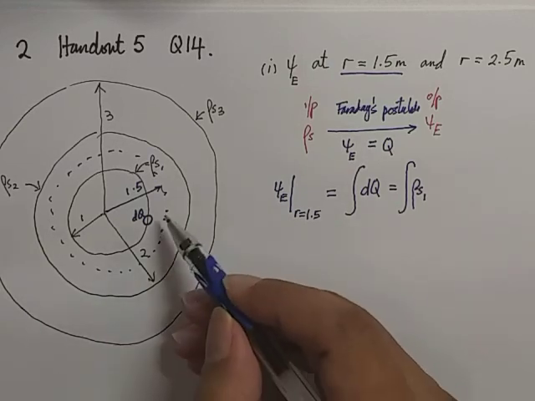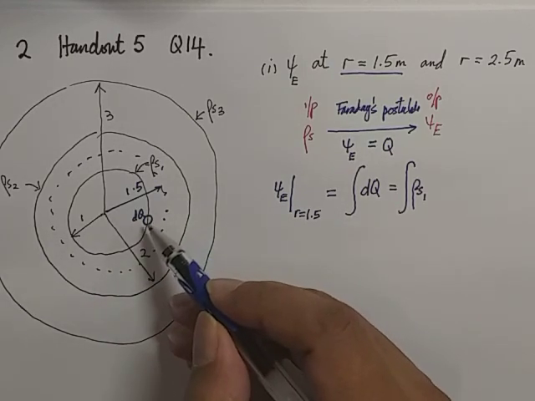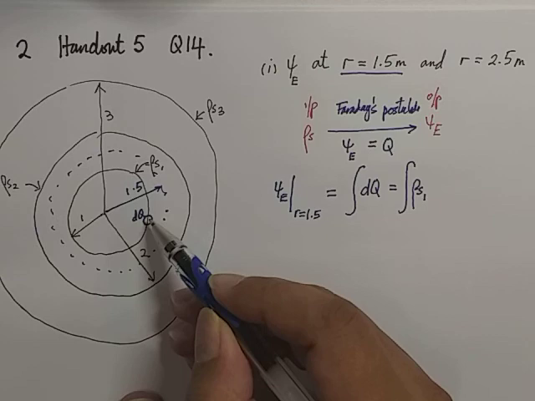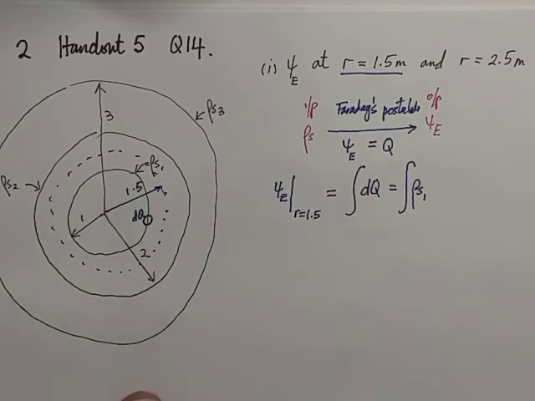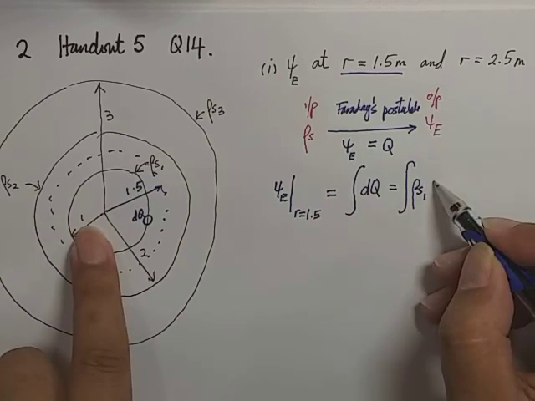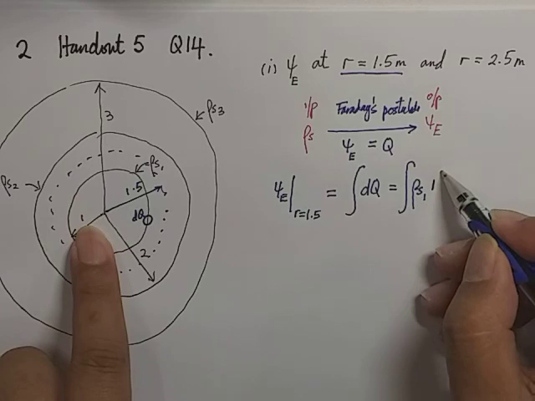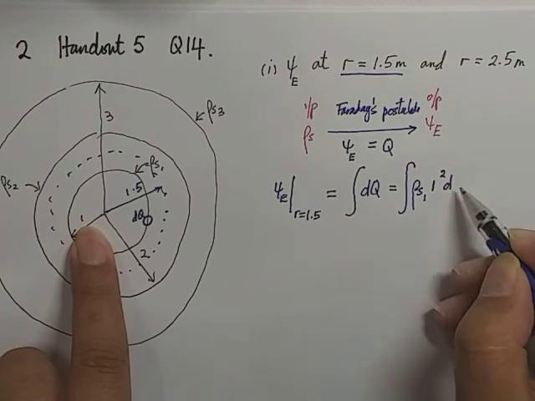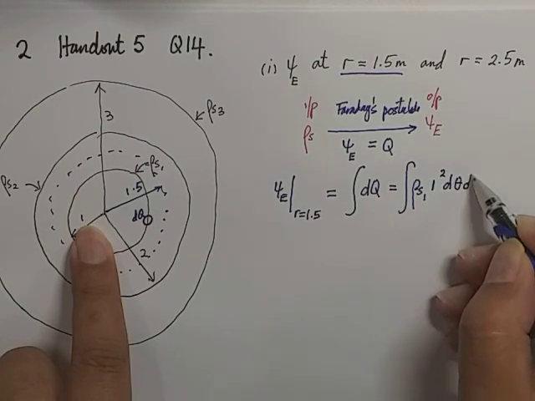Based on the ds in the spherical coordinate system, which we can refer to in the table of handout number 2, it should be given as the radius squared, and we know the radius here should be 1, so r squared d theta d phi.